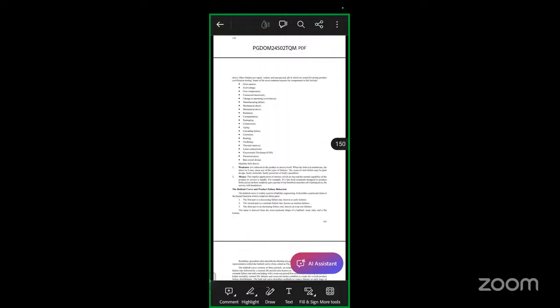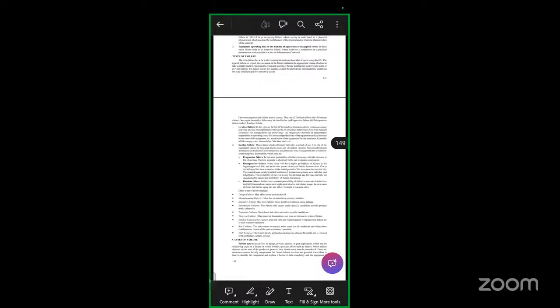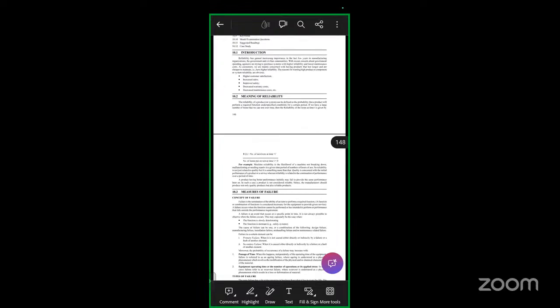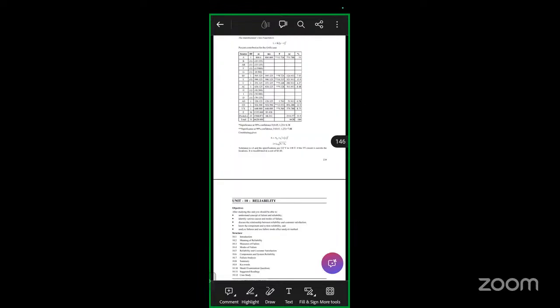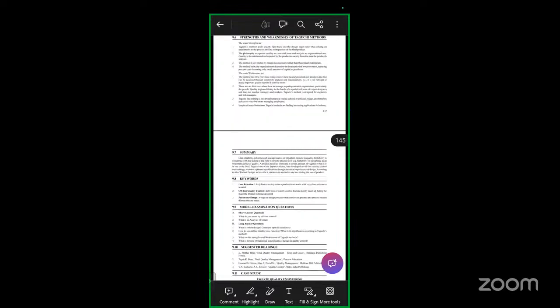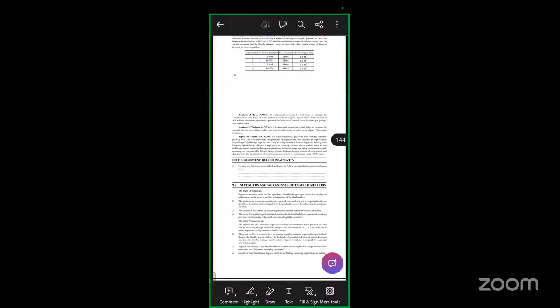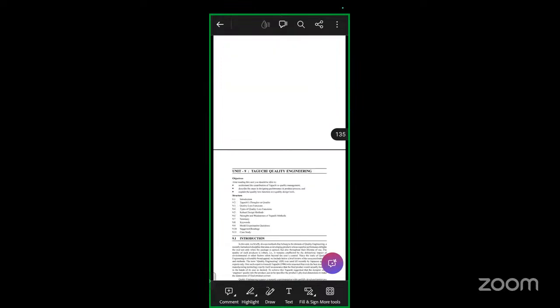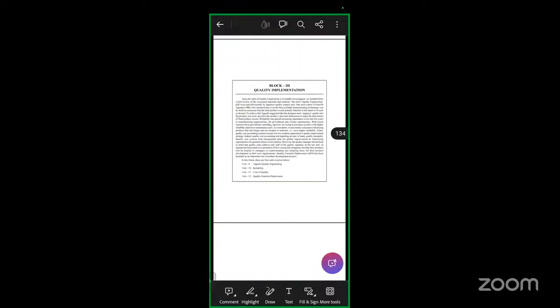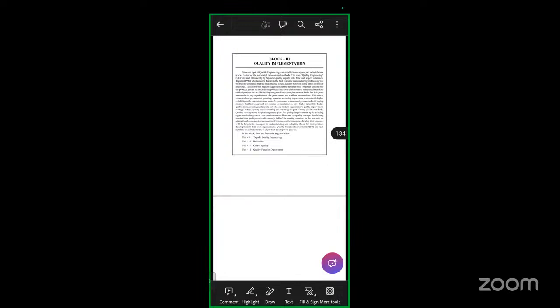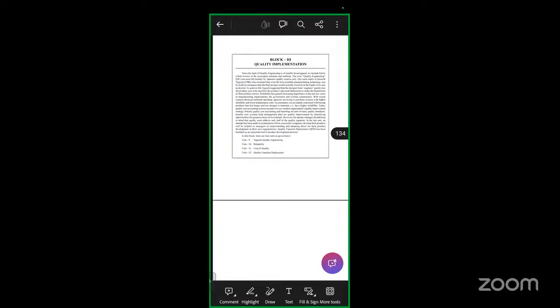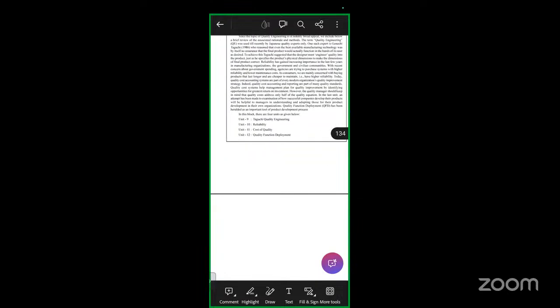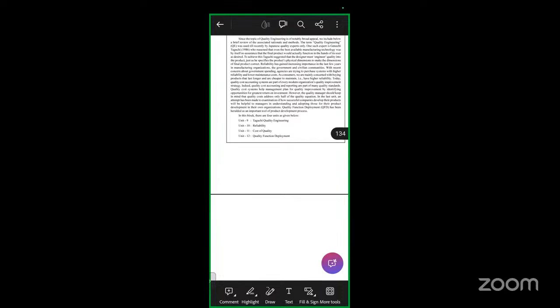We covered the reliability also. That unit, Unit 3, we entered, and we are on Taguchi quality engineering. We covered reliability, and we covered cost of quality also in the last session.